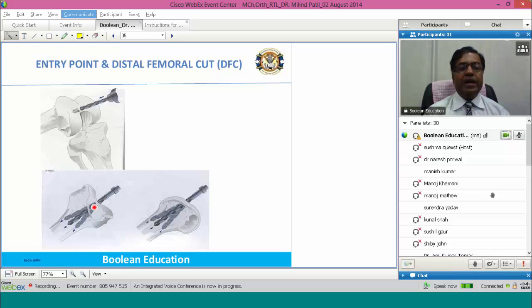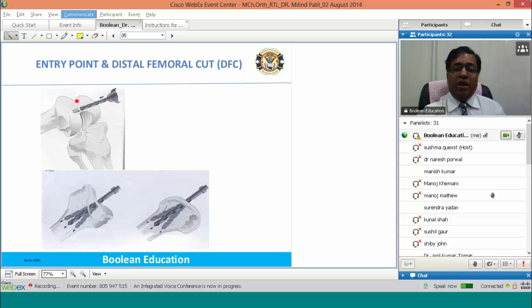A lot of the times there are osteophytes in the notch over here. Now those osteophytes one has to trim. If you probably ignore the osteophytes and consider them as a normal bone, you may enter posteriorly, which is quite wrong. In rare situations, there are osteophytes here also.